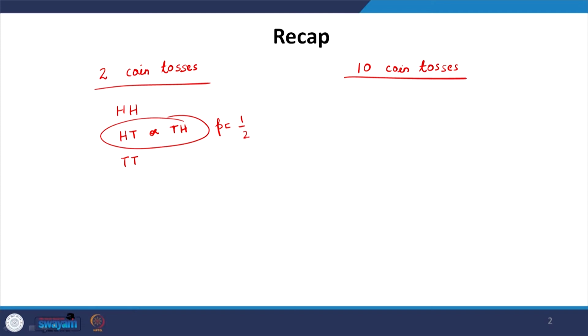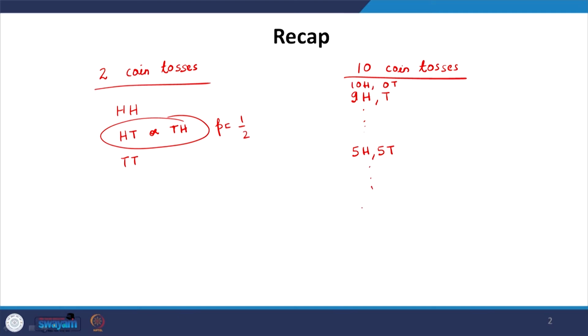For 10 tosses, the number of possibilities increases. So, we can have 9 heads, 1 tail, 10 heads, 0 tails, 5 heads, 5 tails, and again the order is not important here, it can be any 5 out of the 10.